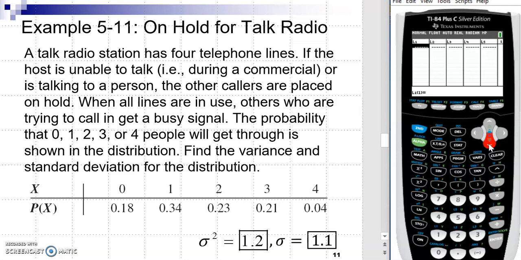So here again, this is just like before. In list 1, we're going to put in our values for x. And then in list 2, we're going to use our probabilities. 18.